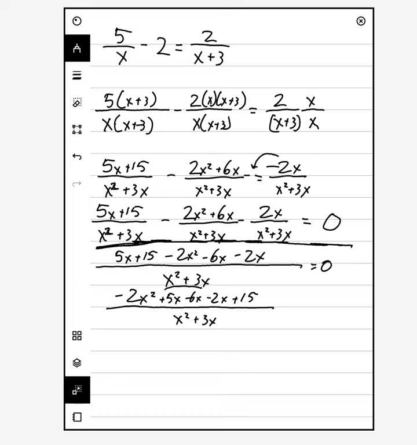Okay, combine all these guys together. What do you get? Okay, well, let's first write the minus 2x squared. Okay, these guys all combined. 5 minus 6 is negative 1, minus 2 is negative 3x plus 15 all over x squared plus 3x. Okay.